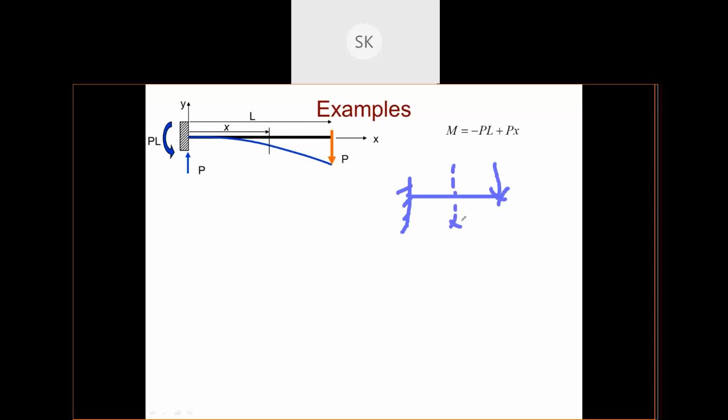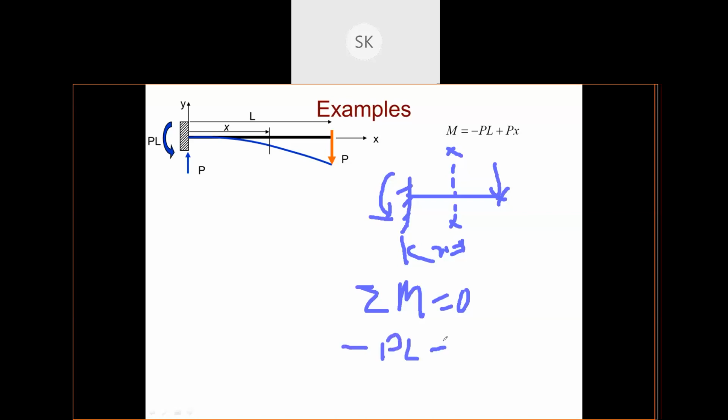I'm taking a section at a distance of x from here. So there will be an anti-clockwise moment, right? So I'm taking the summation of all the moments equal to 0. This is anti-clockwise, so minus P into L, plus this load will give a moment at this section.